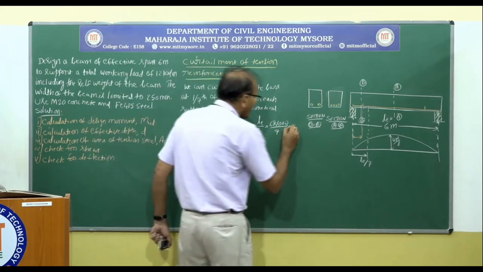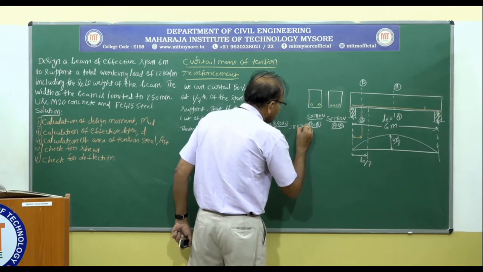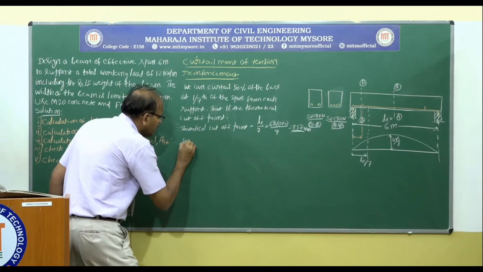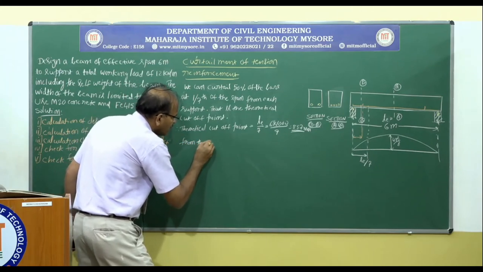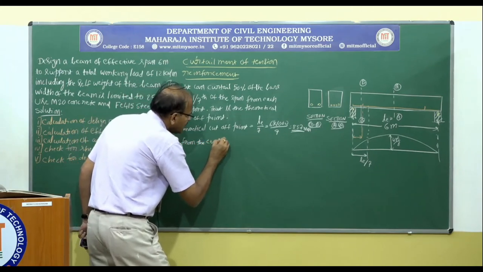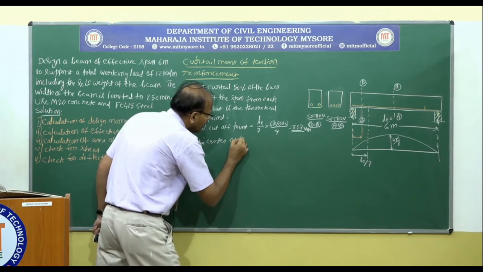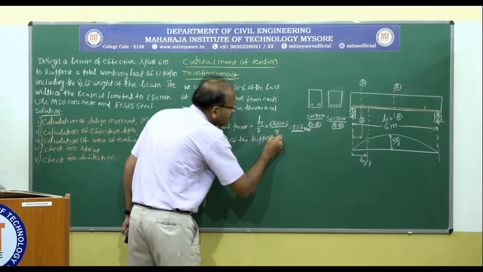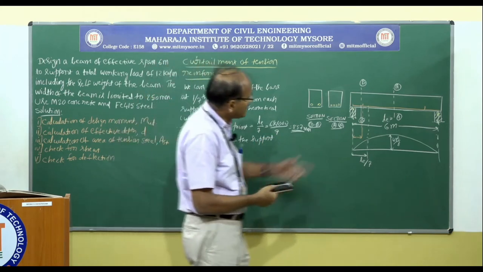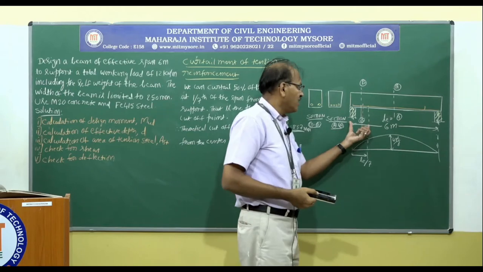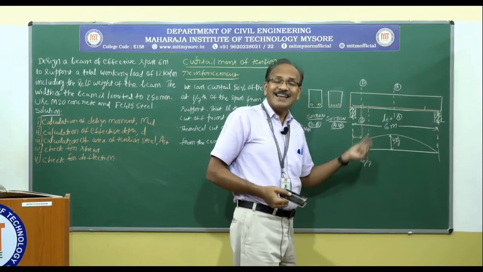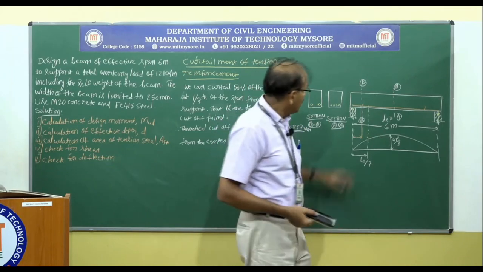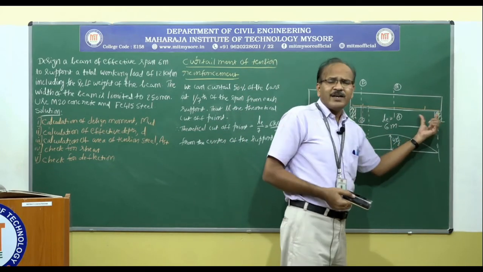So that is equal to 857 millimeter from the center of the support, that is from this center it is 857 millimeter, that is the theoretical cutoff point. Okay. So and similarly we do on this side as well.